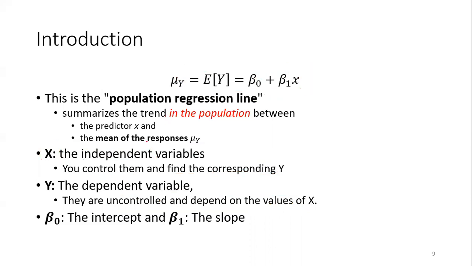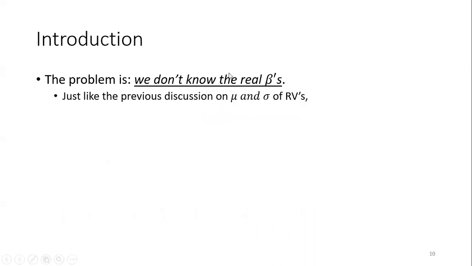So it's better to call the x variable the independent variable and y the dependent variable. In our example, x is the height and y is the weight. So the weight depends on the height. That's why we call y the dependent variable. And here beta 0 is the intercept and beta 1 is the slope of this line.